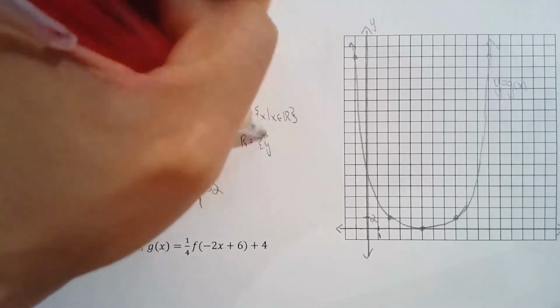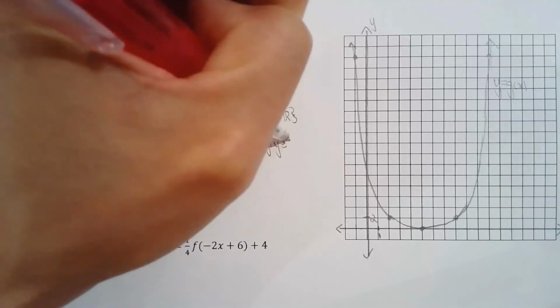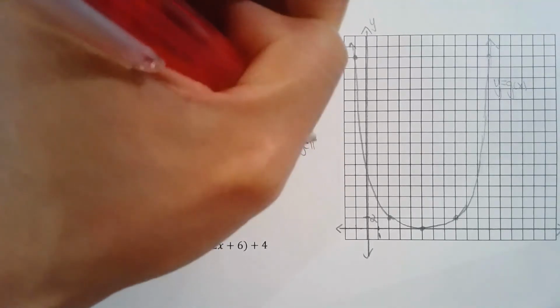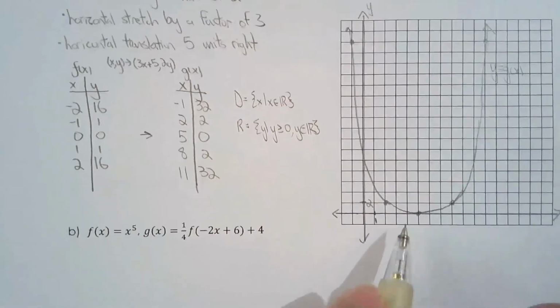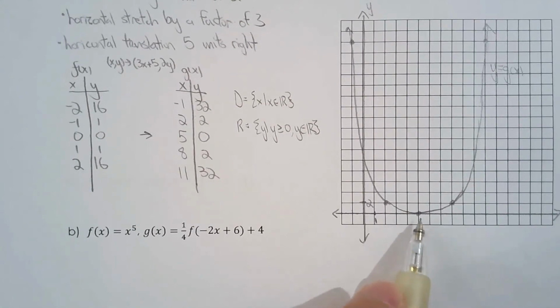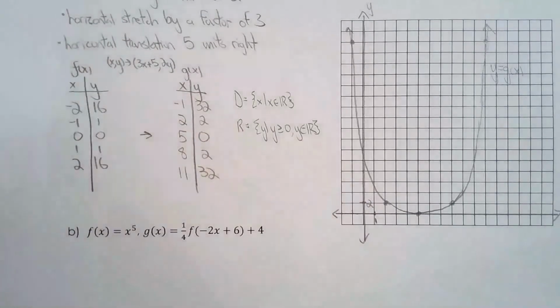Range, greater than or equal to 0. And that global minimum point used to be at the origin, but now it's 5, 0, which makes sense because your translations are 5 to the right, and there is no vertical translation. So it used to be 0, 0, now it's 5, 0. So it makes perfect sense. Everything is checking out so far for this graph.